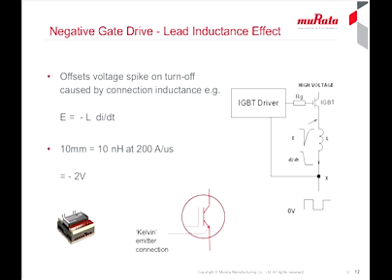However, devices like this usually have a Kelvin connection, where the driver reference can be connected. This should always be used if available. Smaller devices are sometimes in the 3-pin TO247 package, where the inductance of the source or emitter connection is unavoidable.